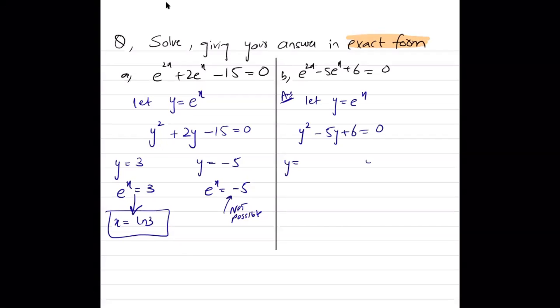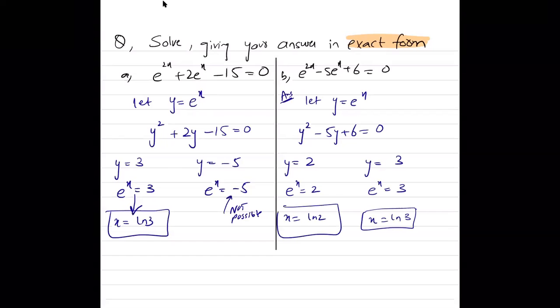I want you to give me the exact answer. ln 3 and ln 2. Okay, so what are the y values coming out? 2 and 3. So e raised to the power of x is 2, e raised to the power of x is 3. Therefore, x is ln 2 and x is ln 3. All right, good.